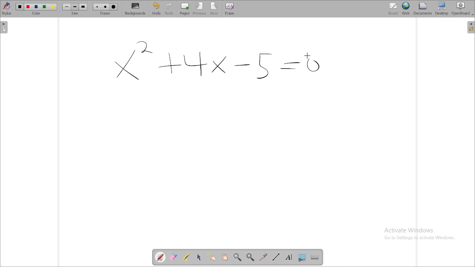In order to do this, let us consider the general quadratic equation. So the general quadratic equation is of the form ax squared plus bx plus c is equal to 0. In using the factorization method, we need to consider the coefficient of the x squared and then the c.